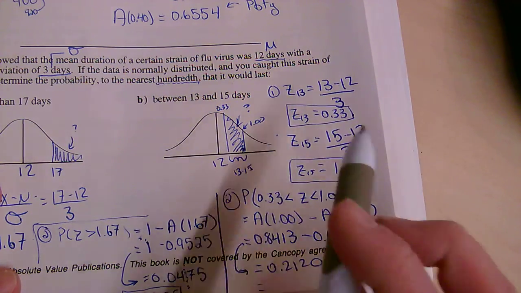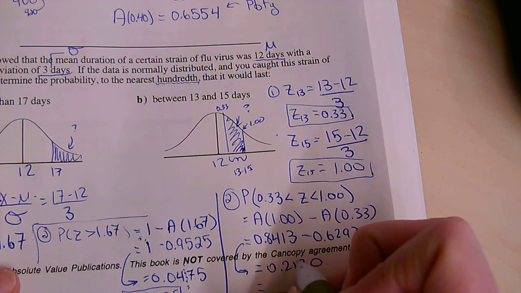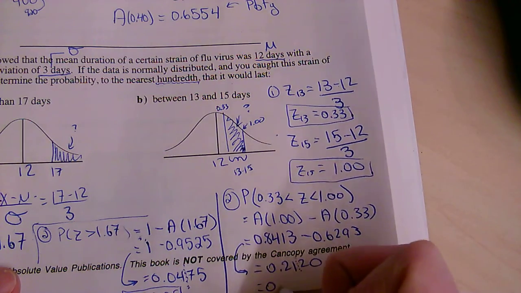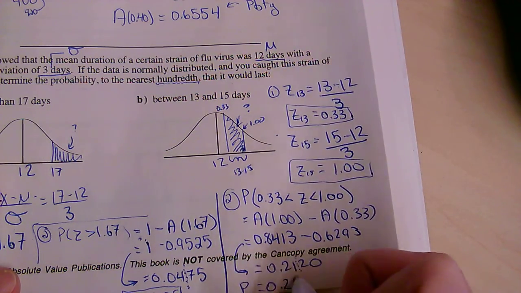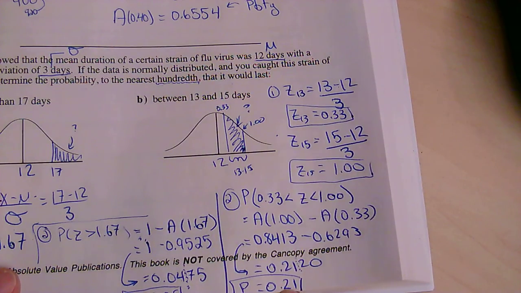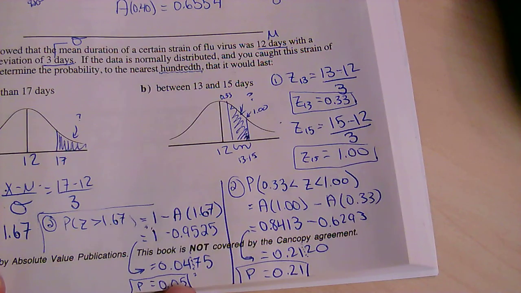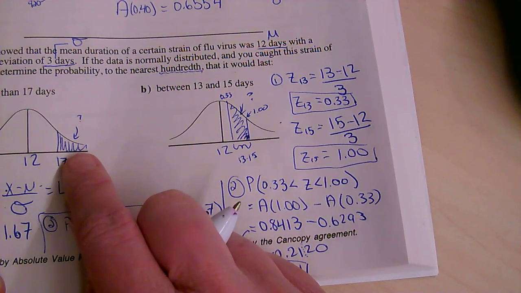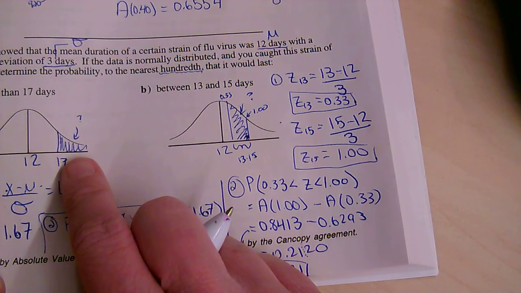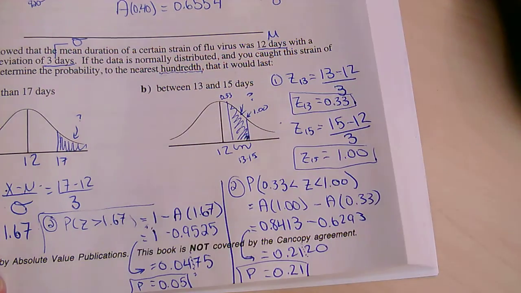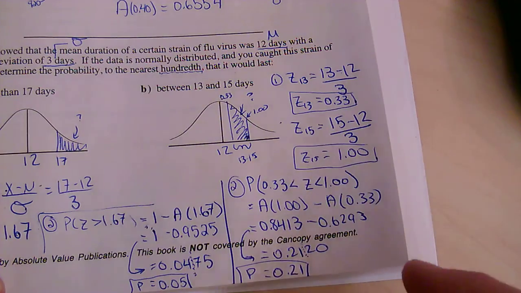Of course we're not done yet because the question told us to round to the nearest hundredth. So that 2 is not going to do anything to that 1. So our probability here would be 0.21. Remember that these represent percentages. So if I put this into percent, I would have a 5% chance of it lasting more than 17 days, and I'd have a 21% chance that it would be between 13 and 15 days.